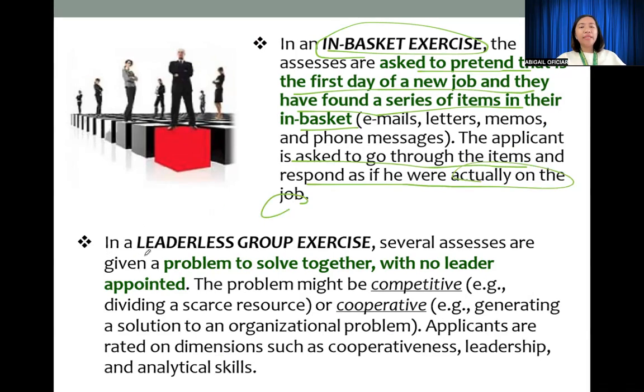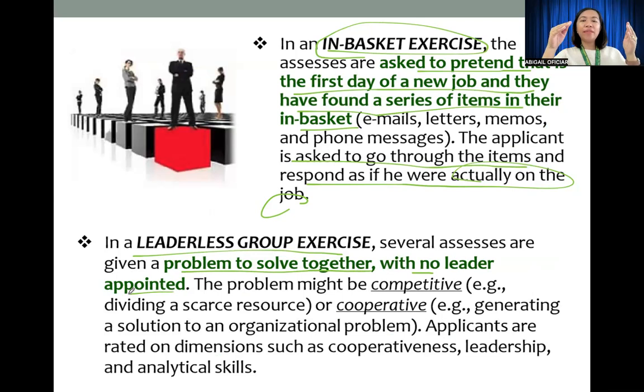The second is leaderless group exercise. Several assessees are given a problem to solve together with no leader appointed. So the idea here is they will not appoint a leader. So may papagawa sa mga aplikante, dadalhin sila sa isang room without leader.